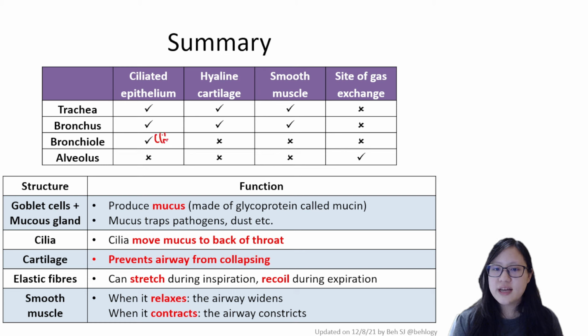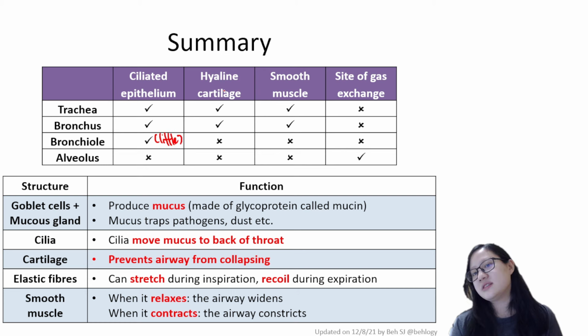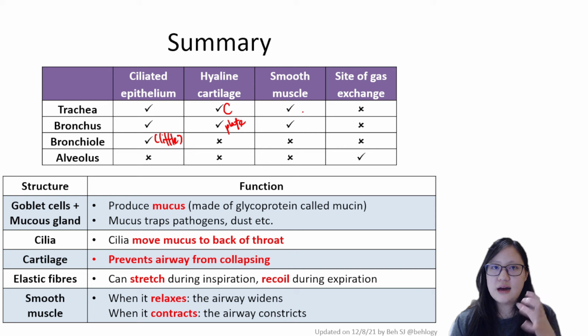Even the bronchiole only has a little bit, it definitely is found there. Hyaline cartilage is found in a C-shaped ring in the trachea and found in plates for bronchus. Smooth muscle is found only in the trachea and bronchus, and this allows it to contract and relax and change the diameter of the airway.